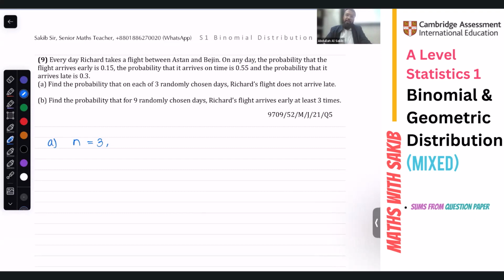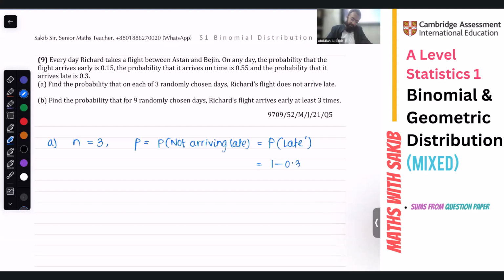Does not arrive late. Either it's early or it's on time. Clear? So the probability of success is not arriving late. Or I can do it like this. What is the probability of arriving late? 0.3.